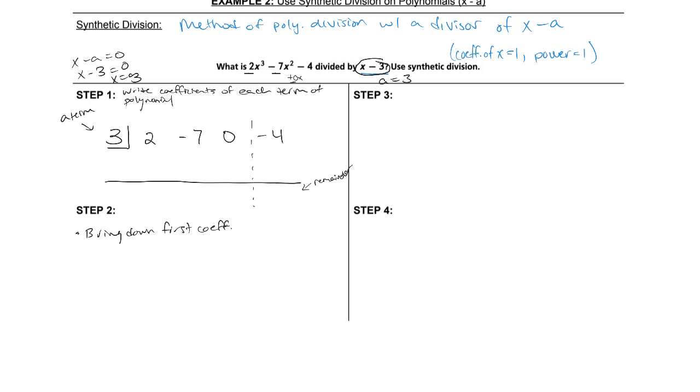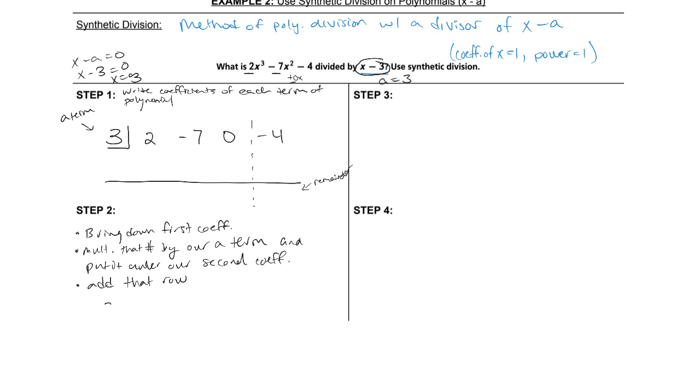And then we're going to multiply that number by our A term, and put it under our second coefficient. Then we're going to add that column.